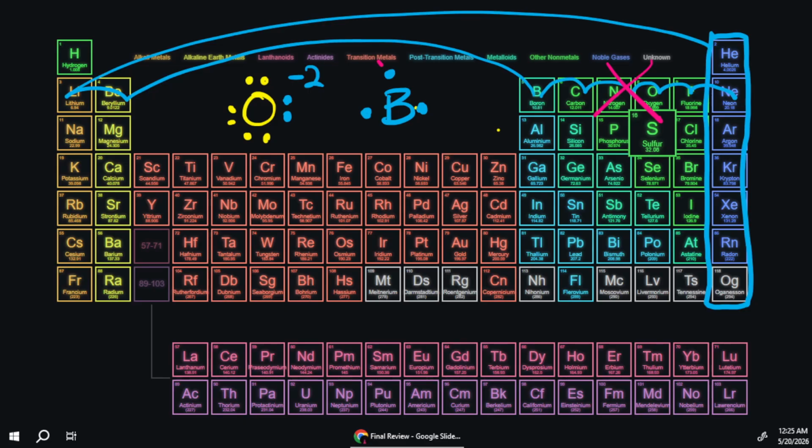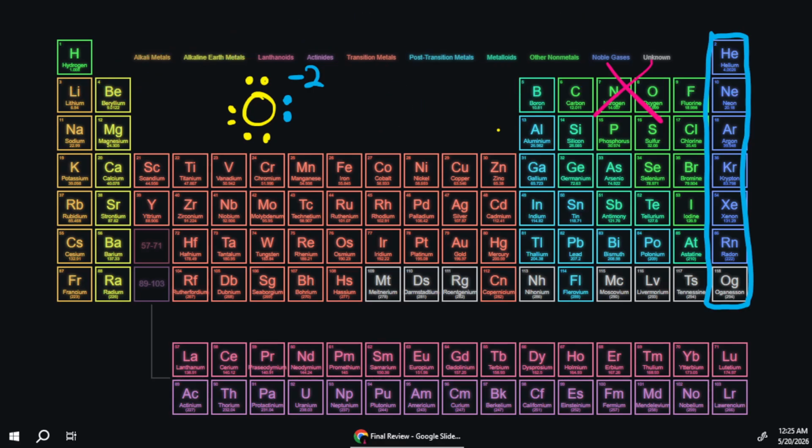Okay, so boron will lose those 3 dots. That means it will have 3 extra protons, that's 3 extra positive charges. So boron will look like B with a +3 because it lost all its dots. Okay, so these are the ions.